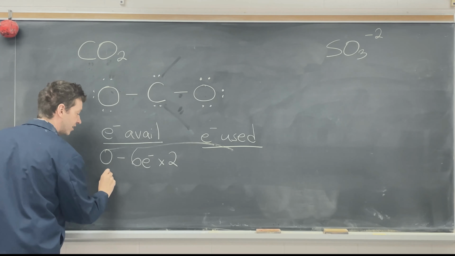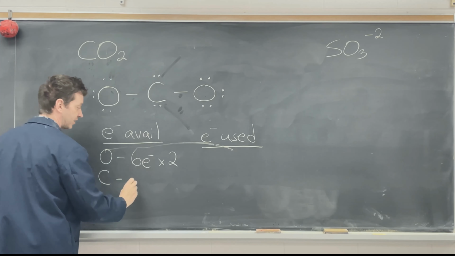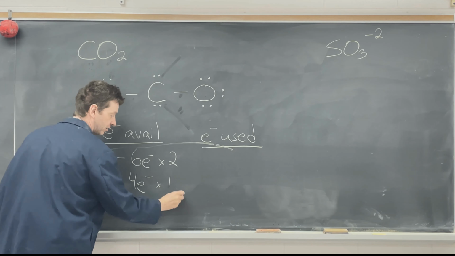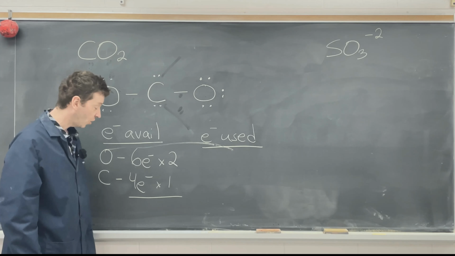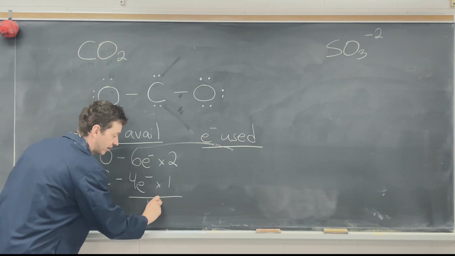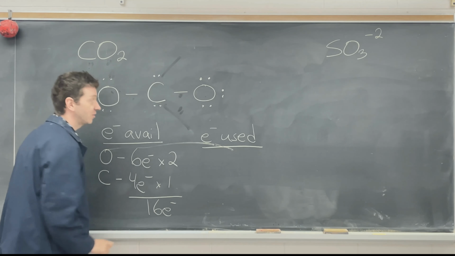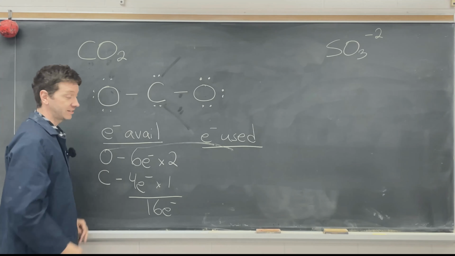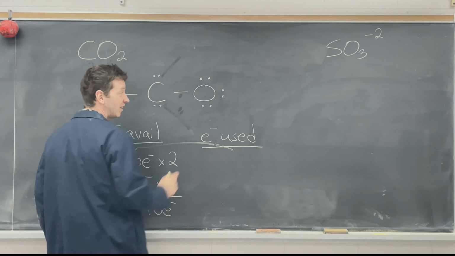Then carbon gives us 4 electrons, and we have 1 of those. So when we add up the total, we have 12 plus 4, that's 16 electrons we can use in our outer shells. How many have we used?